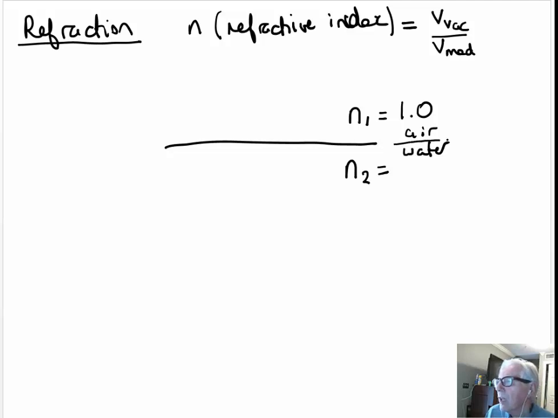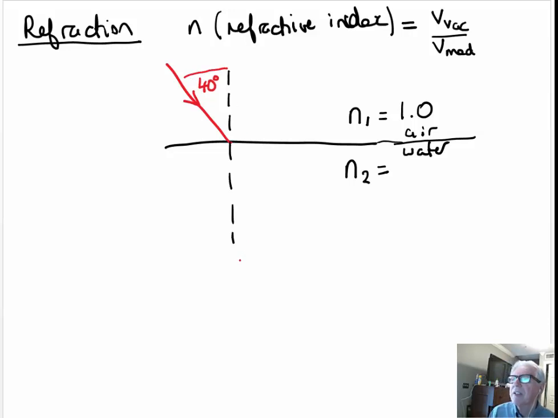And so we need a line between those two. And then we have a surface normal that comes in. And then I go to my beam, and I send my beam in. Let's say that this is at 40 degrees, so my angle of incidence is 40 degrees. Yes, there's an angle of reflection at 40 degrees, but I'm not interested in that today. I'm interested in what happens to this ray when it continues.